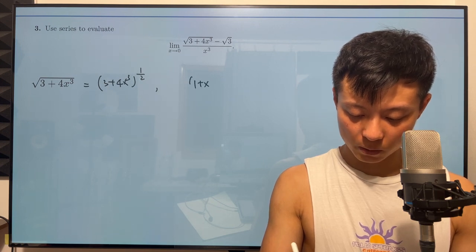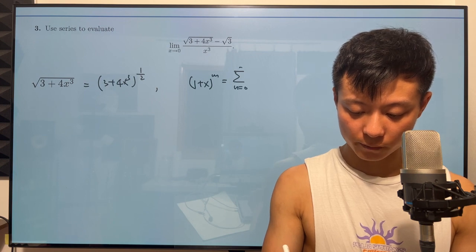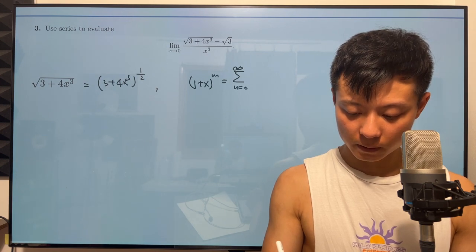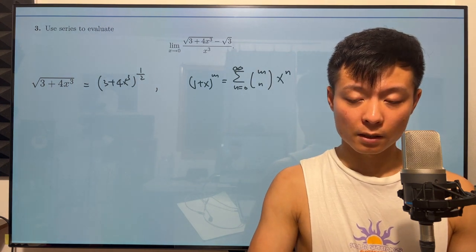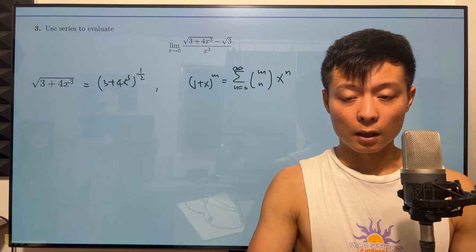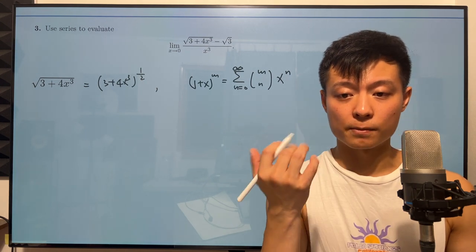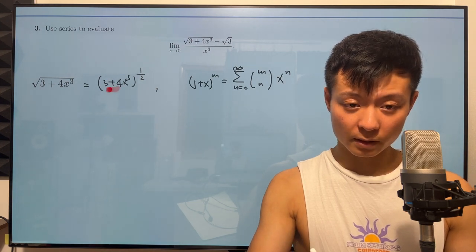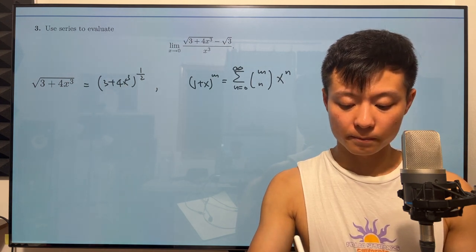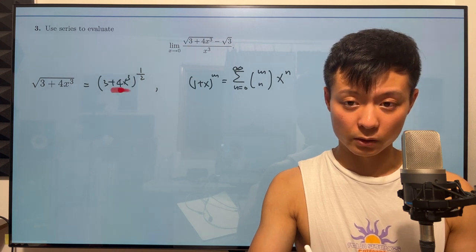(1 plus x) raised to the power m equals sigma from n equals 0 to infinity of (m choose n) x raised to the power n. But before we apply the template, we know that there's usually some adjustment to be made, because our expression does not look exactly the same as the template: there's a 1 here and you don't have a 1 here.